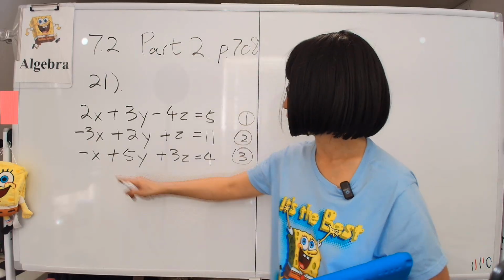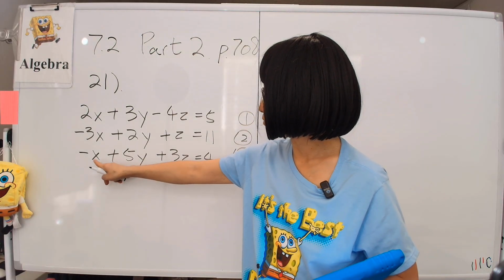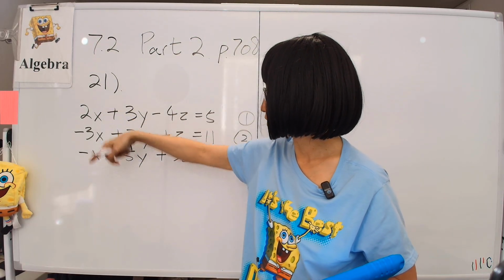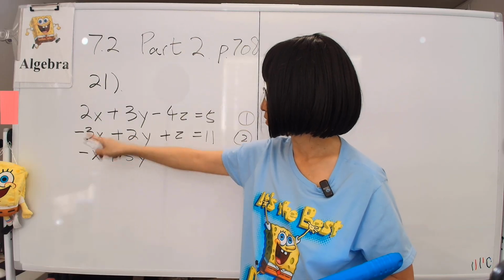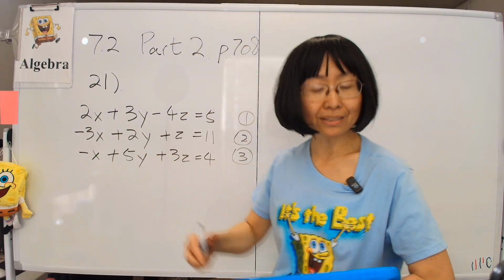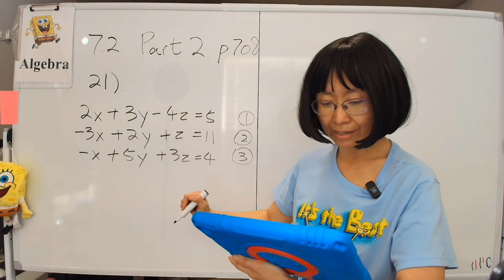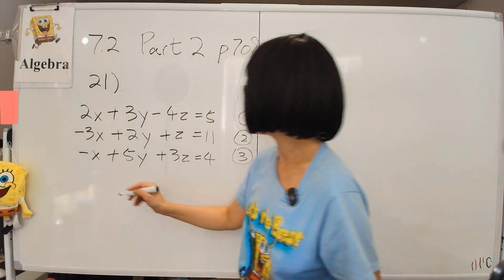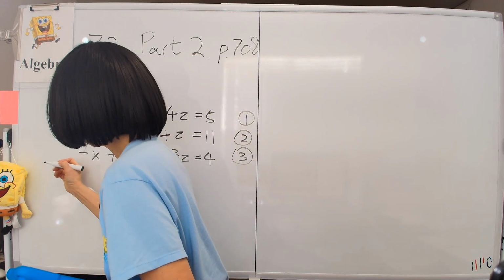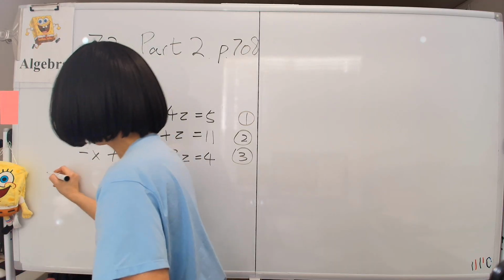The goal is, being that there's a negative x here, we can combine this with the first one to knock the 2x out, and then combine it with this one to knock that out by multiplying by the right number, and that's what we're going to do, okay? We're going to eliminate x. To do that, first we'll take equation 3 and multiply it by negative 3.